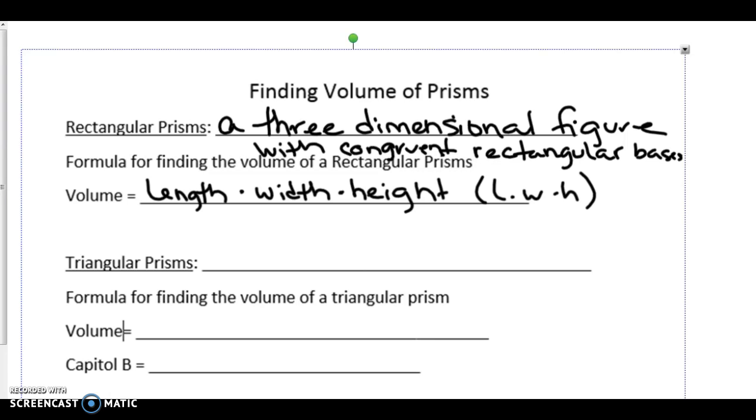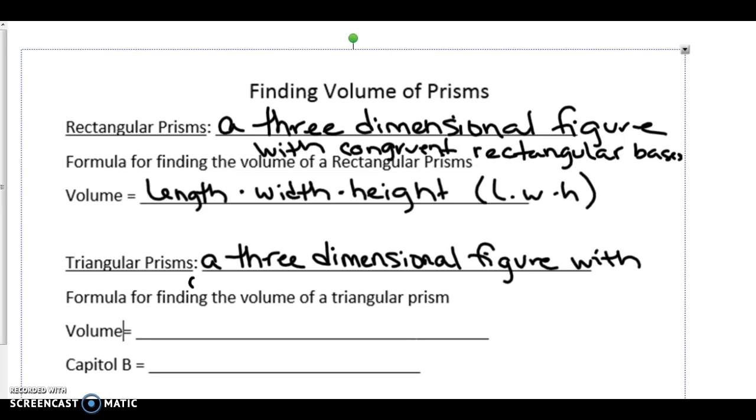Triangular prisms are a little bit different. Triangular prisms are still a three-dimensional figure, but they have congruent triangles as the bases.